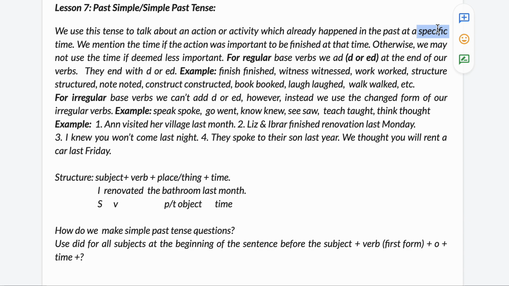So let's say if the time that we want to use in our simple past sentence or question is not important, we don't use it. We only use a specific time or particular time if that activity was deemed critical to have finished at that particular time.